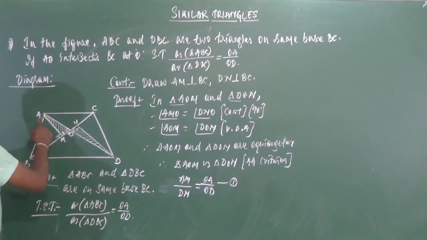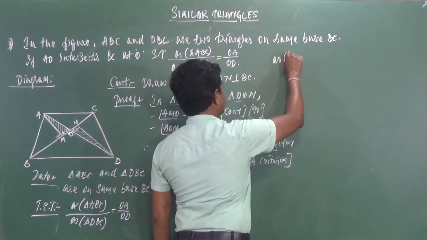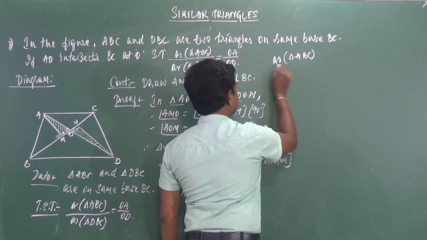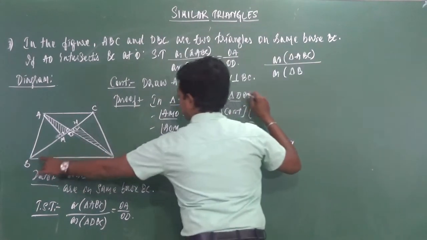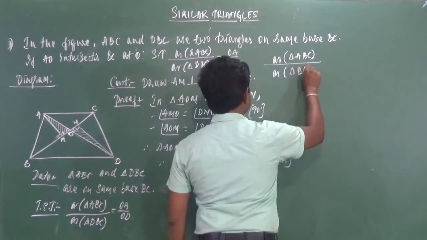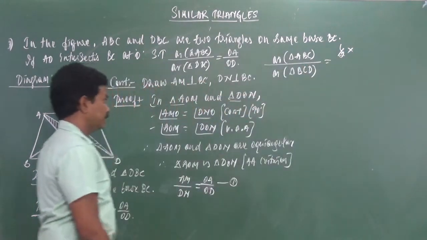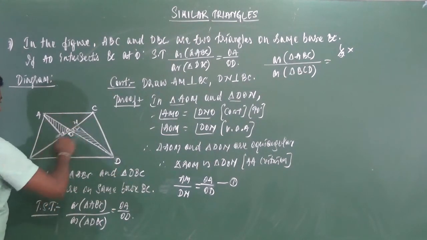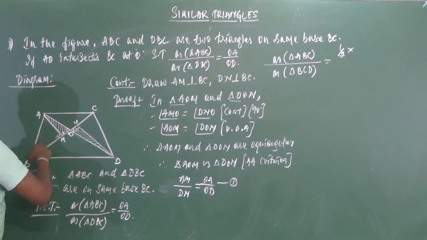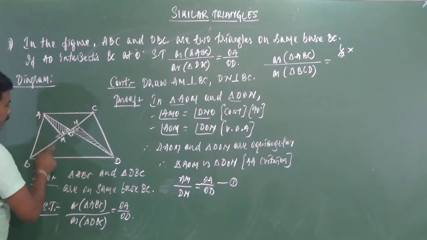Now, let us take the area of triangle ABC and area of triangle BCD. Area of triangle ABC by area of triangle BCD is equal to half into base into height. For triangle ABC, BC is the base and AM becomes the height, so it is half into BC into AM.